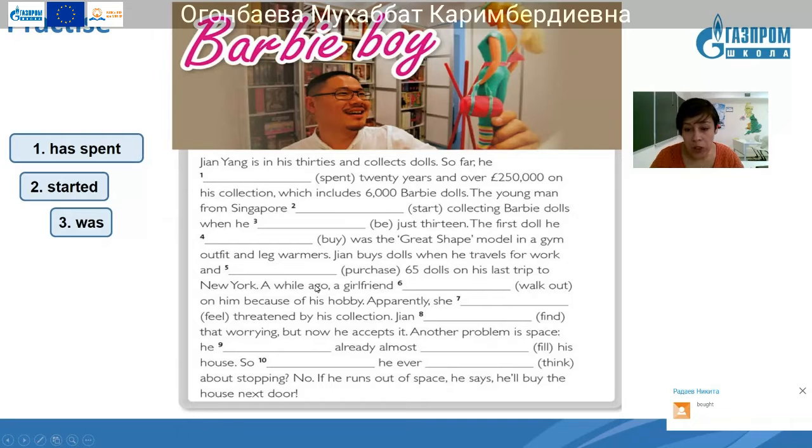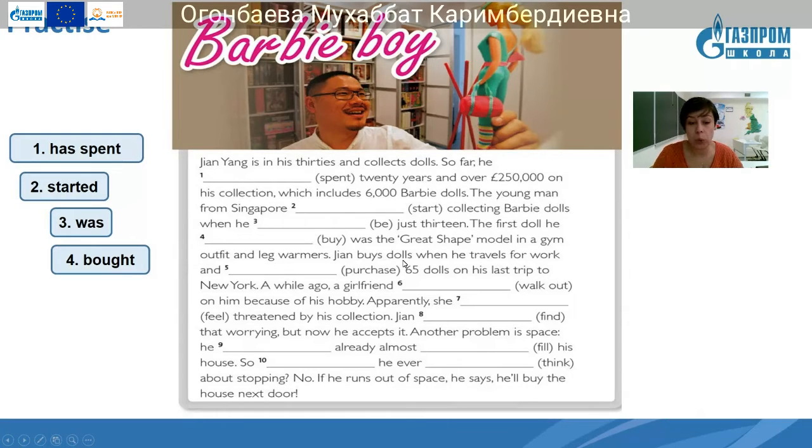The first doll here was the great shape model in gym outfit and leg warmers. Prediction? Bought, Smithay. Very good. Bought. Right. Number 5. Jin buys dolls when he travels and paid $65 on his last trip to New York.